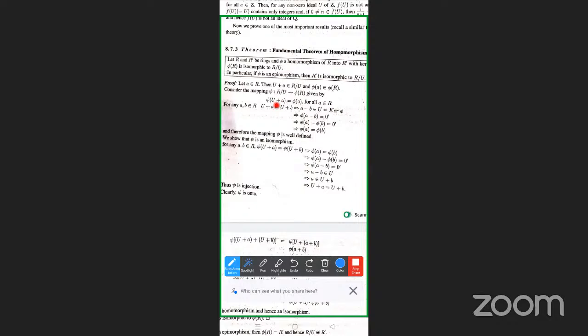Each and every element in the domain is of the form U plus a, and the codomain element is π(a). So ψ(U + a) is equal to π(a) for all a belongs to R.